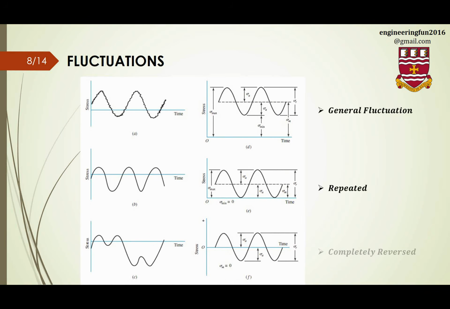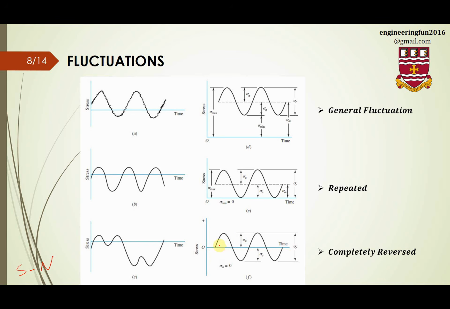Okay, the last part of this chapter is about fluctuations. At the beginning of this chapter, when we said that the SN diagram is for fully or completely reversed scenario, we mean this case. Here, stress time behavior is something like that.